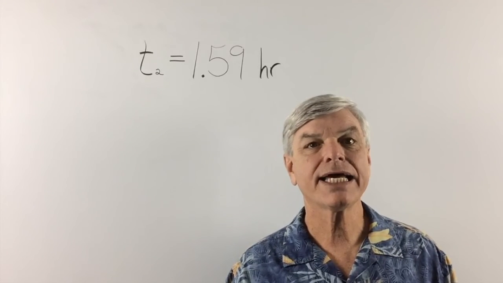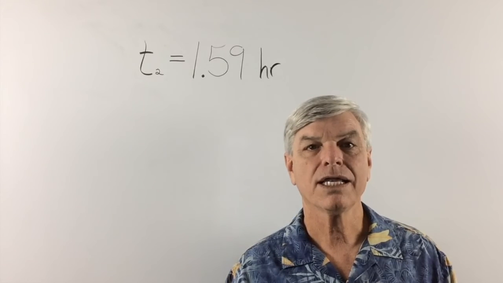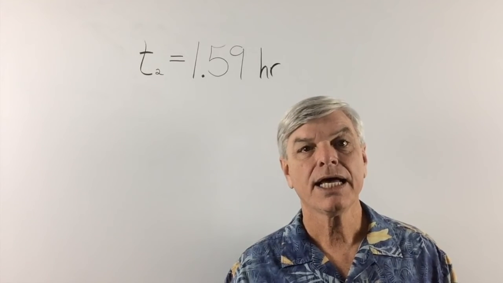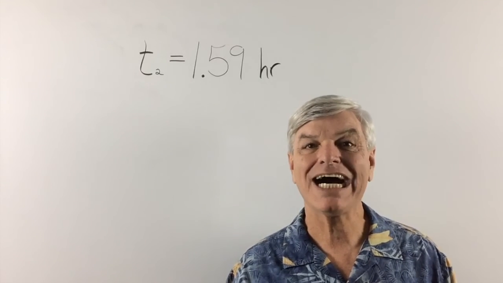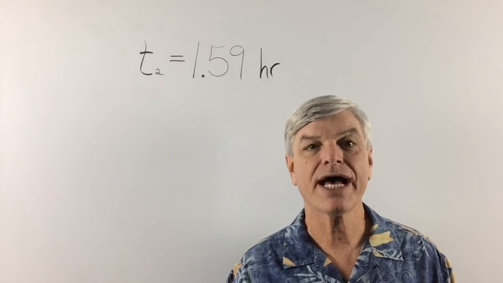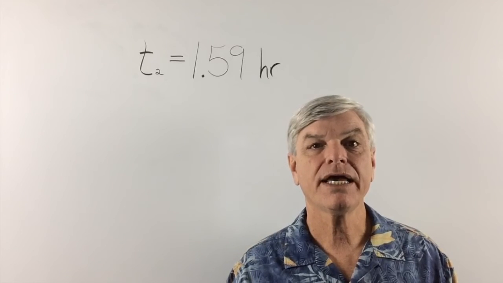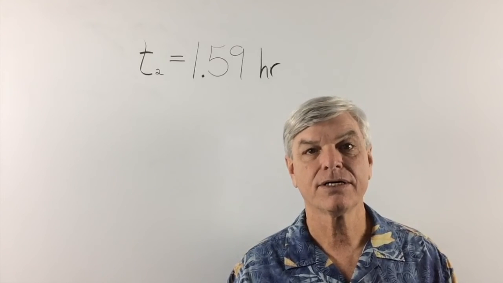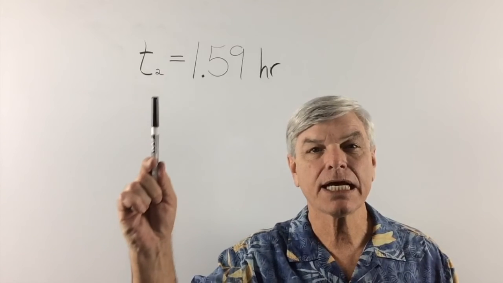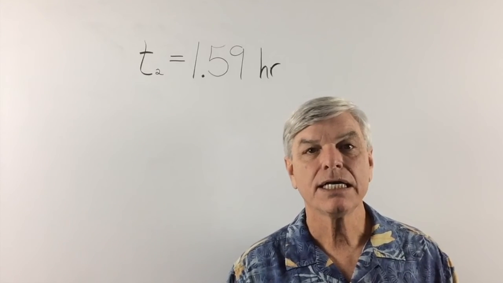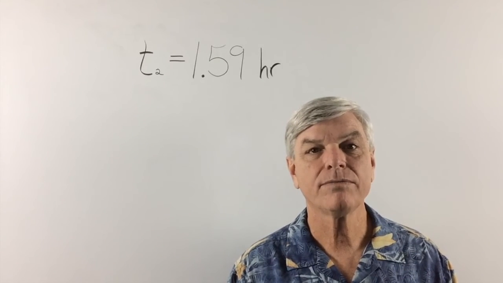So when we finally get our answer, let's associate it properly. And 1.59 for time is going to be associated with hours. It's going to take him 1.59 hours to get to work if he drives faster. So as you can see here, we had T2, not the T1 we had before.